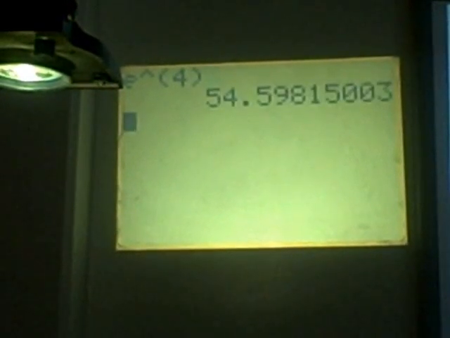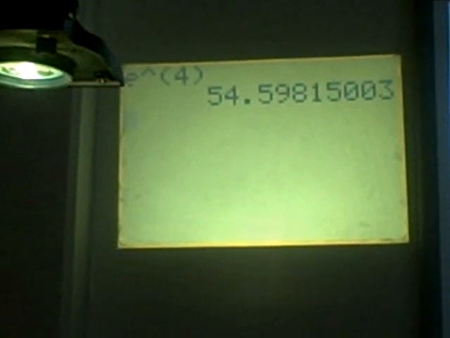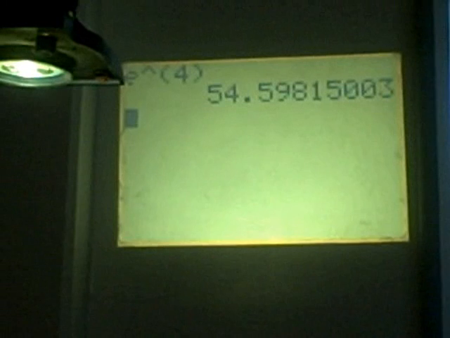Let's say we wanted to evaluate e to the 4th power. So I would hit second, LN. You should see a little e pop up there. Then we're just going to put a 4 in there. And you get the number. Let's see what happens when you type in e to the 1st power. Remember how we said it was that number according to that definition you should have in your notes.